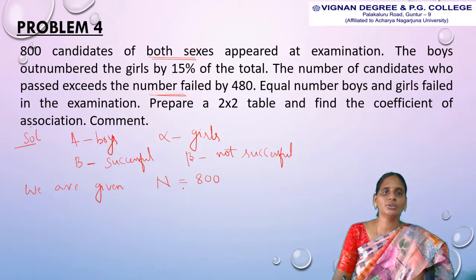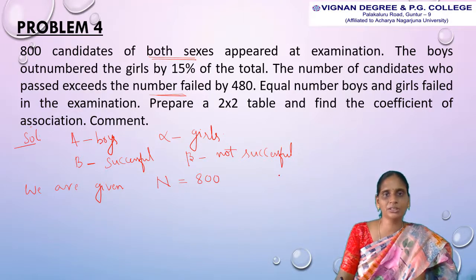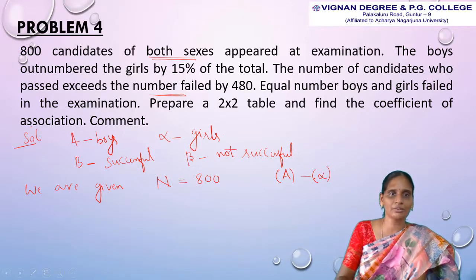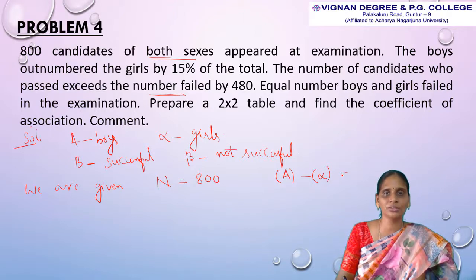The boys outnumbered the girls by 15% of the total. That can be represented as frequency of A minus frequency of alpha is equal to 15% of the total.